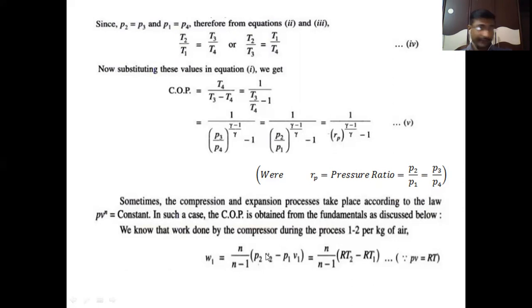We derived this work equation for the flow process in thermodynamics. It is the flow work across the compressor. P2 V2 can be written as RT2, since PV equals MRT, where small v is the specific volume per kg and M is 1 kg. Minus P1 V1 can be written as RT1.